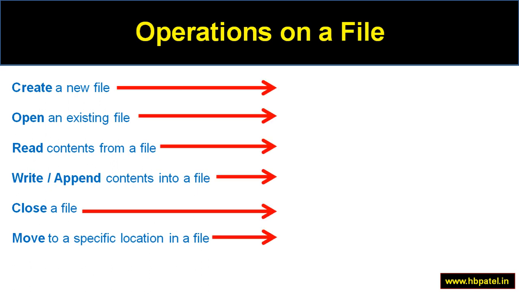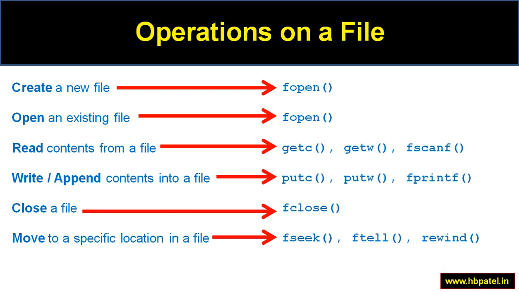We have different functions for all these operations. For creating and opening, we have a function called fopen, and we'll see the difference. You may wonder why the same function is used for creating as well as opening. We'll see in a little while what the difference is. Then for reading a character from a particular file, we have getchar.